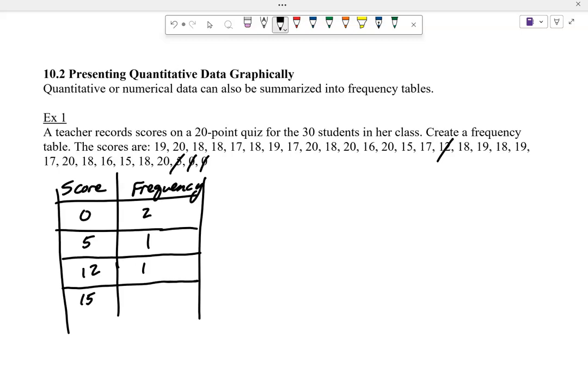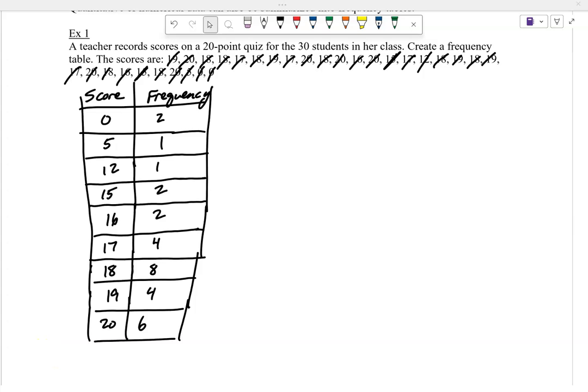Next highest is 15. There's a 15. There's a 15. So it looks like there's 2 15s. And I'm going to continue on with this and pause the video. So here's our frequency table. If you notice that this total adds up, so there's 30 total students in there, right? So there's 30 total numbers there.